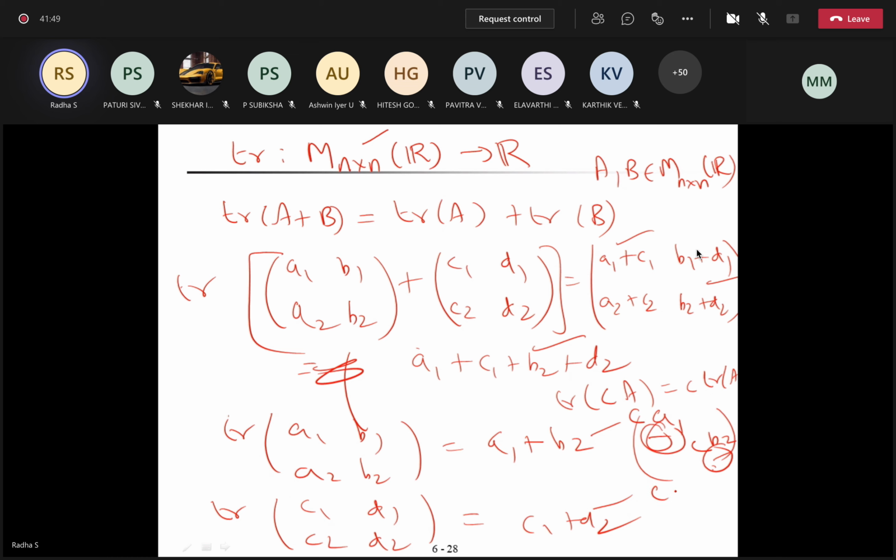So trace is C a1 plus C d1, or you can take C outside: C times (a1 plus d1). What is a1 plus d1? Trace of A. So trace of C times A is C times trace of A. Since both properties are satisfied, trace is a linear transformation.